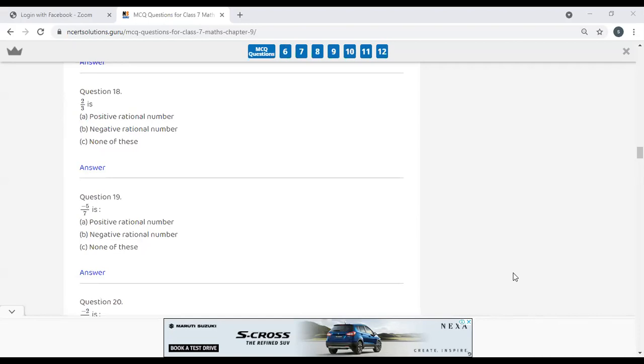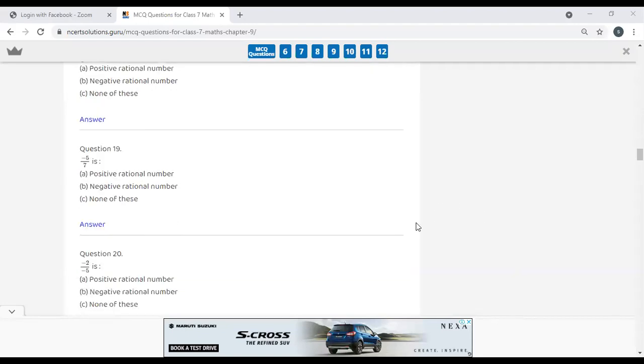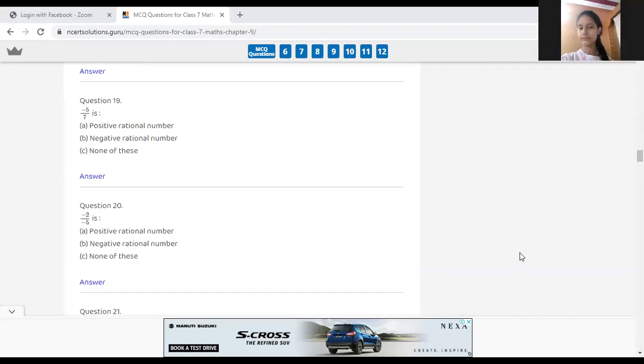Yes, Namya. Angel. Aryan. Jalash. Anmol. Yes, ma'am. Yes, beta. 2 by 3 is a positive rational number, negative or none? Ma'am, 2 by 3 is a positive rational number. Okay, who is this beta? Ma'am, Jalash. Okay.